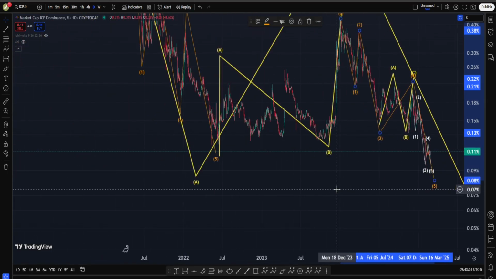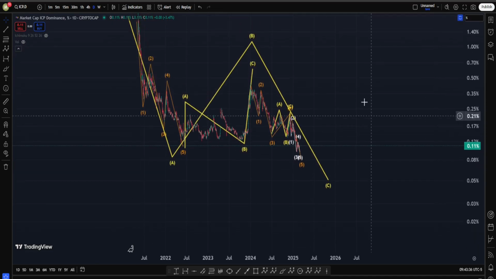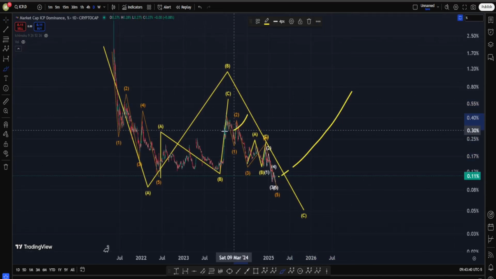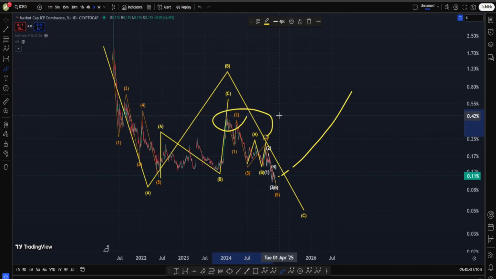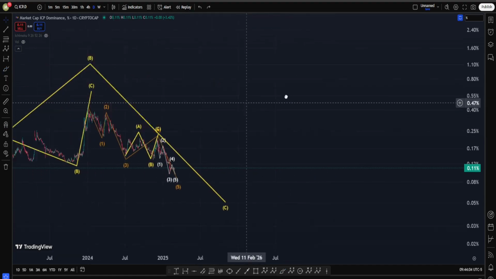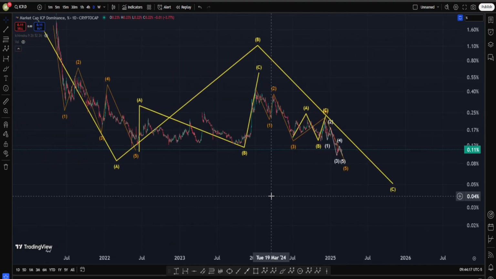And at that point, what do we expect? At least for me, a solid move up in order to at least take this high in here, about, let's say, 0.42%. So this to me is another sign suggesting that we are very close to the end of our move down, and around the current areas can be a decent buying opportunity.